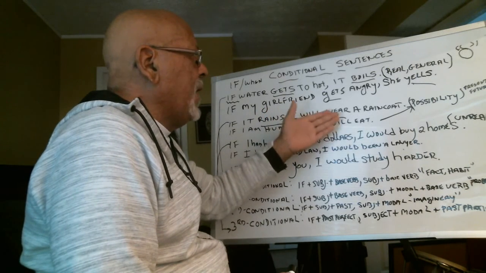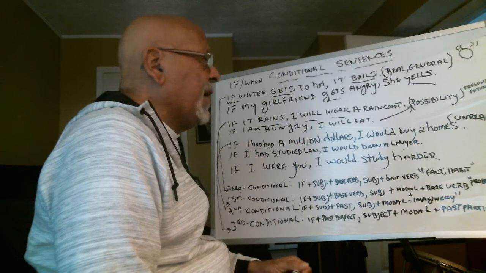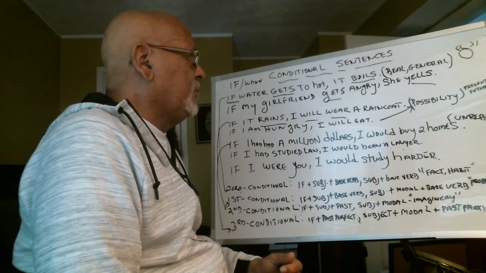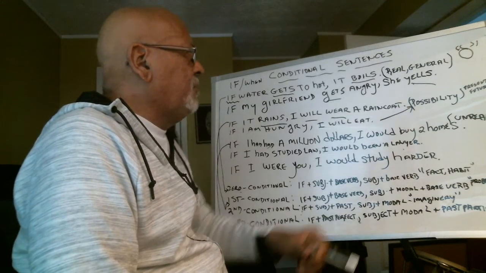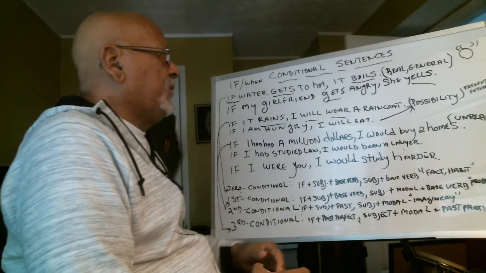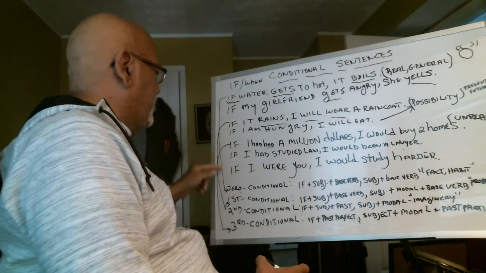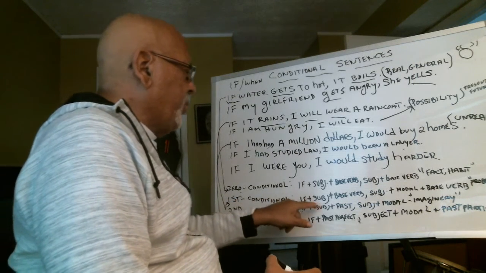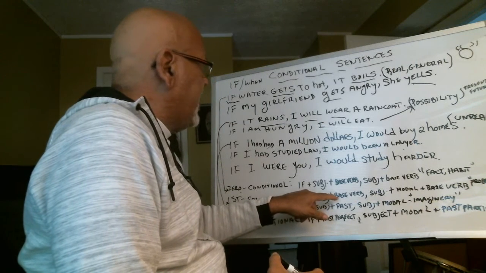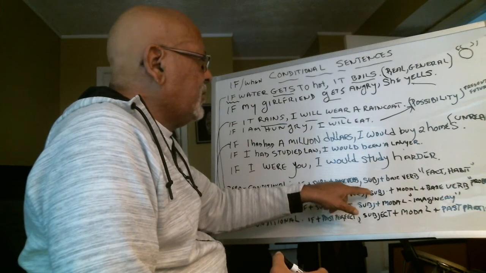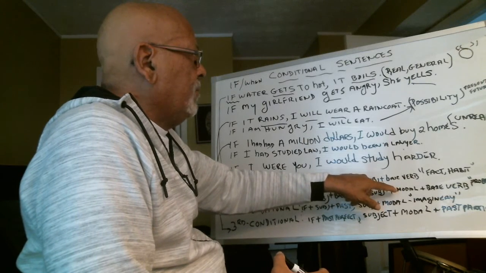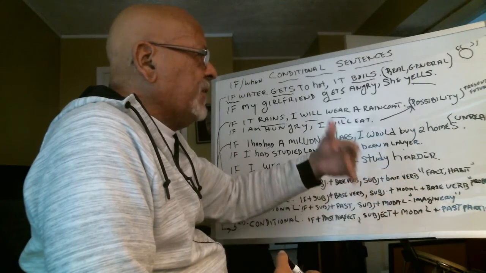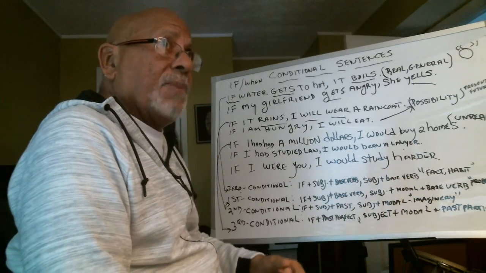Or I could use a modal, I might wear a coat. So this is a possibility, and this is going to be the first conditional: if plus subject plus base verb, plus subject plus modal verb, will or might, and the base verb. And this is a probability or possibility.